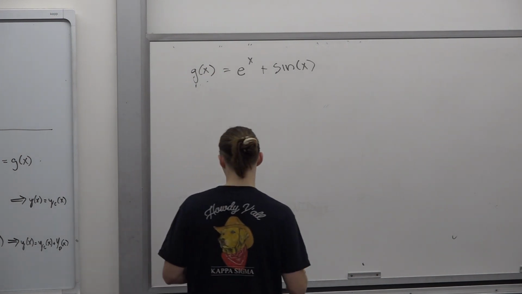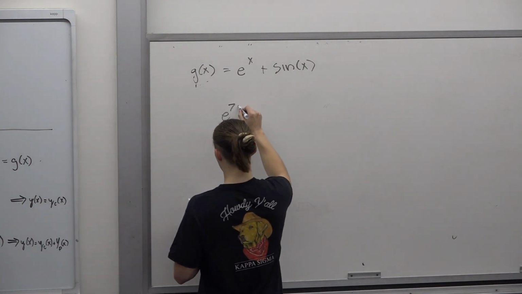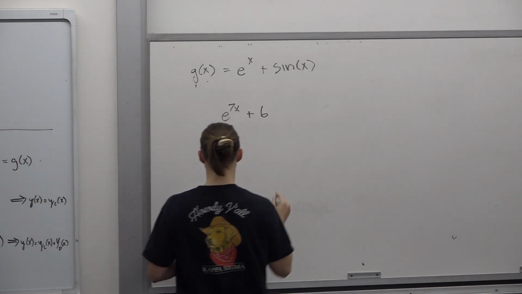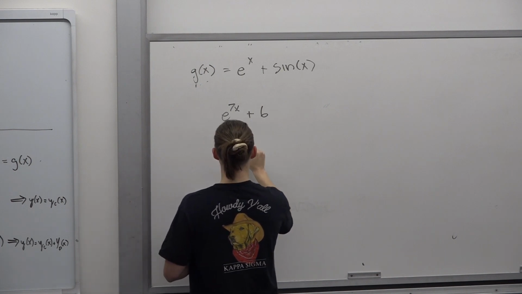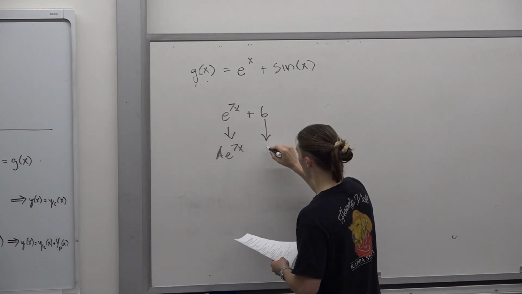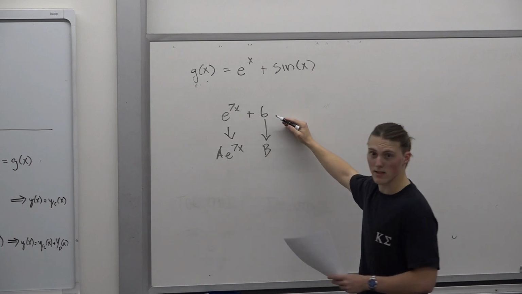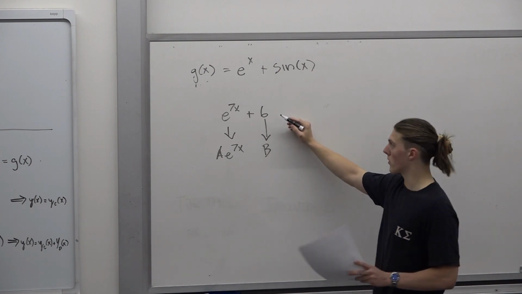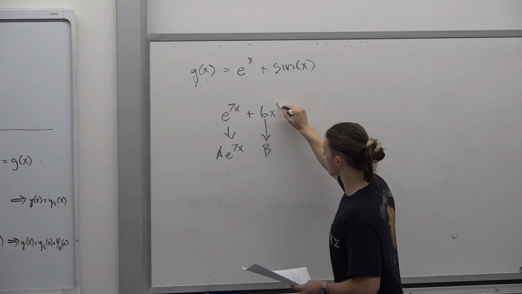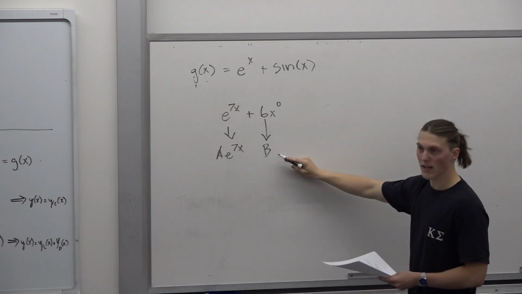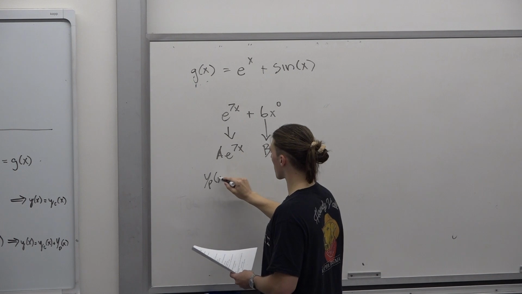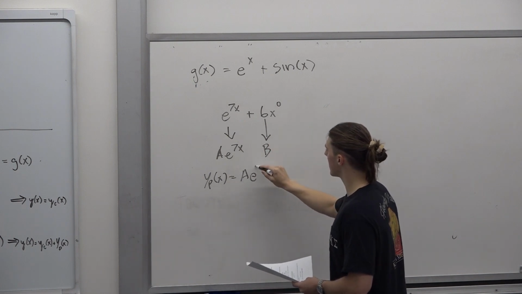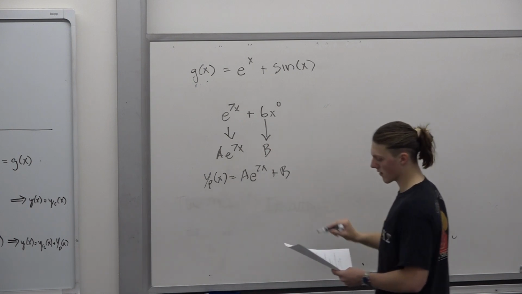Like if we had e to the 7x plus 6, we know that the guess for this one is a e to the 7x. The guess for this one, since this is technically still an nth degree polynomial, it's just x to the 0, we just guess one term, b, and then we put them together. So our guess for the particular solution is a e to the 7x plus b.